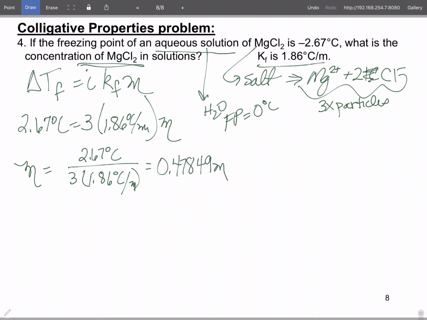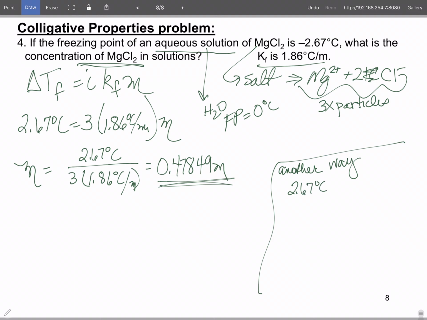So this is the concentration of this particular solution. Now, another way you could have done it is you could have done it in reverse. So another way is just to do it and then look at the number of particles. So in this case, it's still 2.67 degrees C. You still have 1.86 degrees C per molal. But now you're looking at the molality of the total solution.